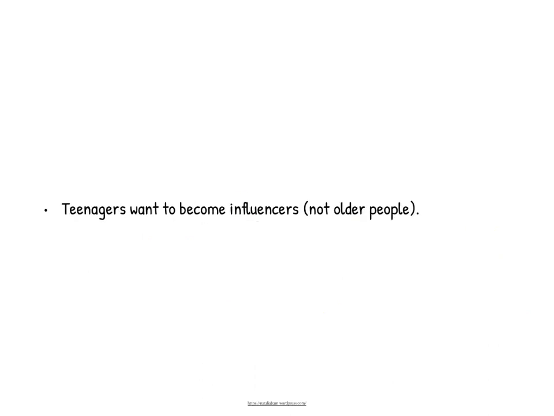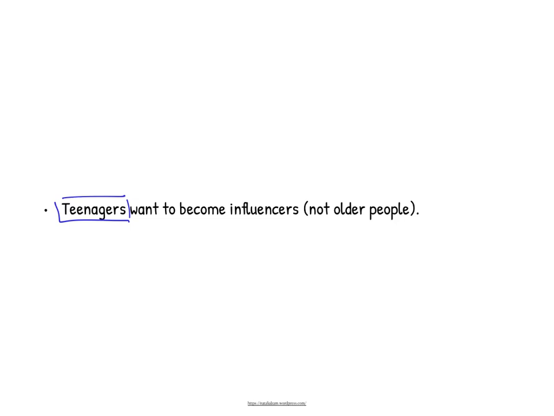Imagine you want to say something like this. You want to emphasize that teenagers want to become influencers, not older people. You want to make the contrast. And the part of the sentence you want to emphasize is the subject, which is already in a privileged position, because the first part of a sentence somehow is the most important thing, where the focus of information is concentrated.